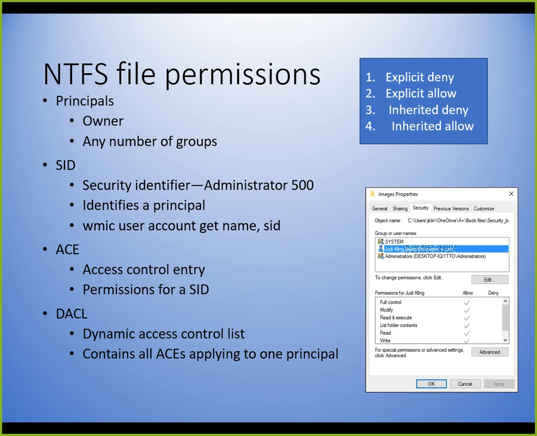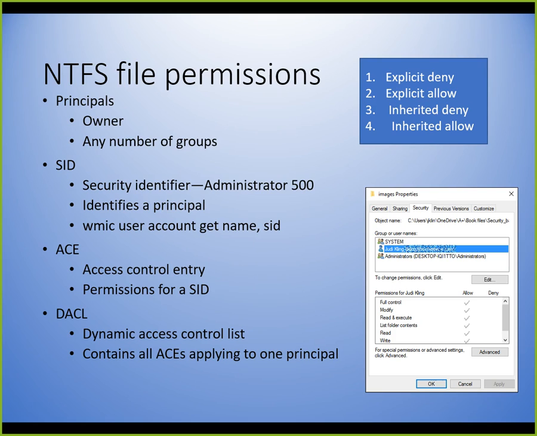It identifies a principal. With the Windows management user account, get name, SID, you can look at those. It's a long number, and I'll see if one of them will show. See if we can find one. Probably not. An ACE is an access control entry. A dynamic access control list, and an access control list controls the access control entries.